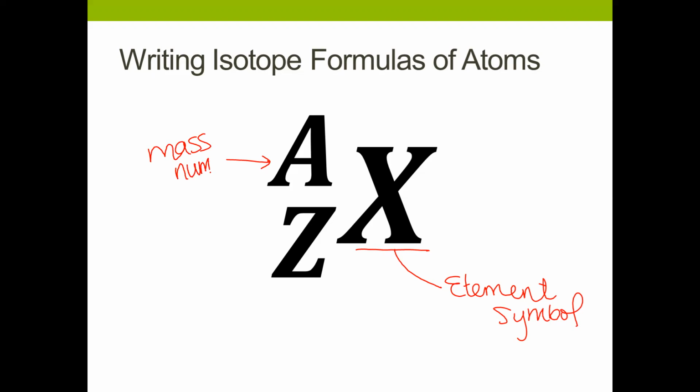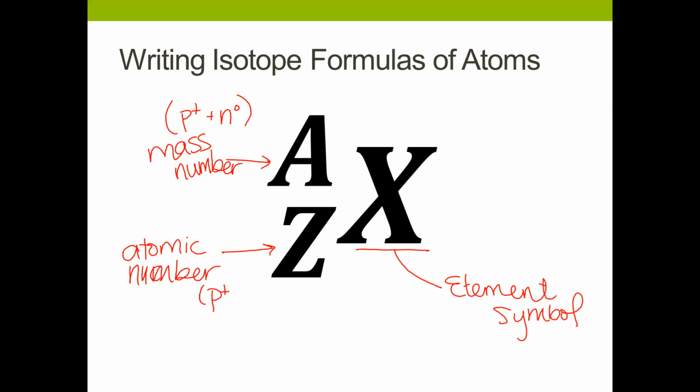So that should be a rounded number, the total number of protons and neutrons. And then the Z is the atomic number, AKA the number of protons.